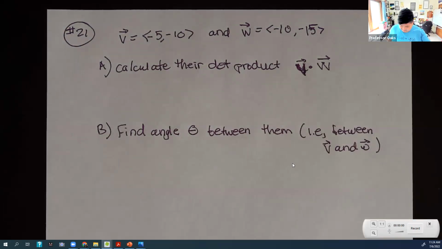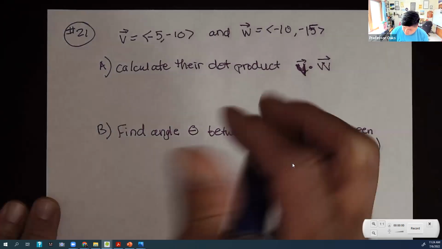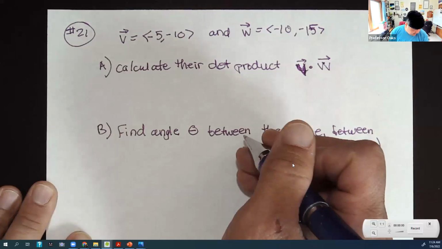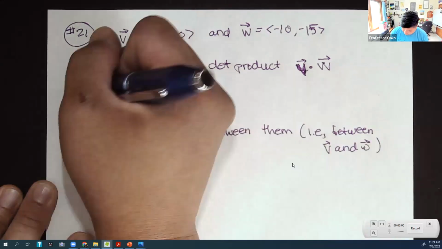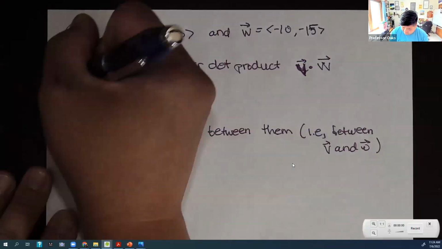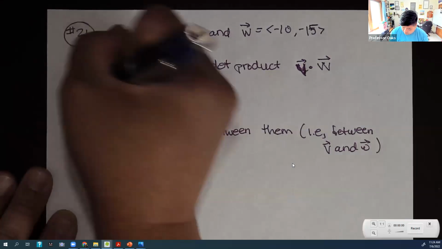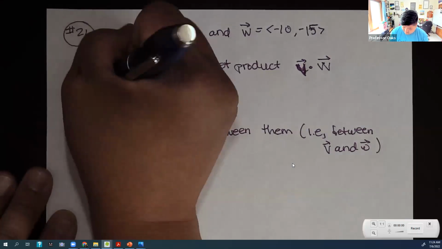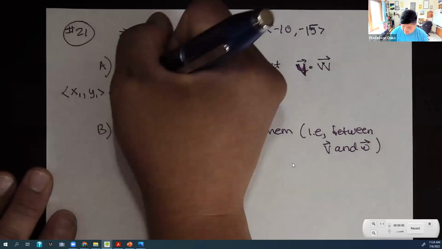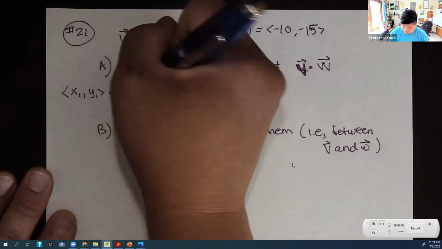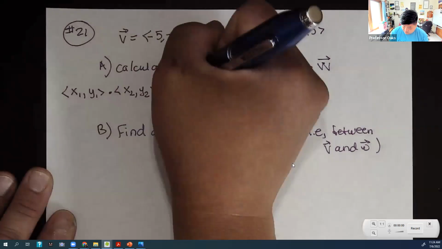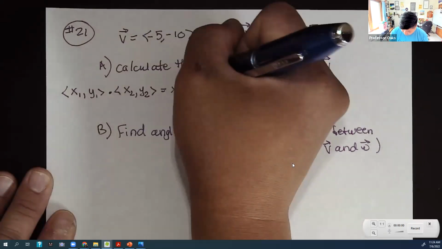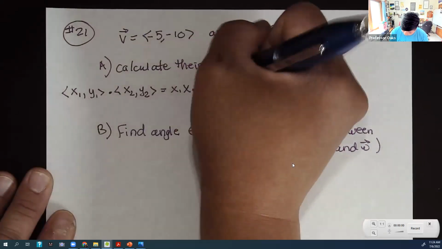All right, so what you would do here is not really that complicated of a formula, but you just have to remember it. In general, if you have x1, y1 dot x2, y2, then that's just x1 x2 plus y1 y2.